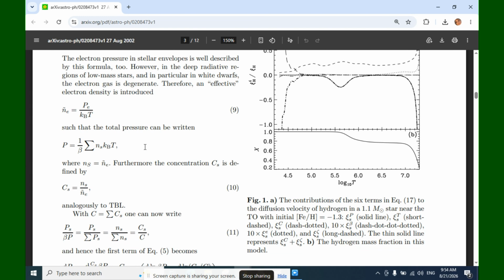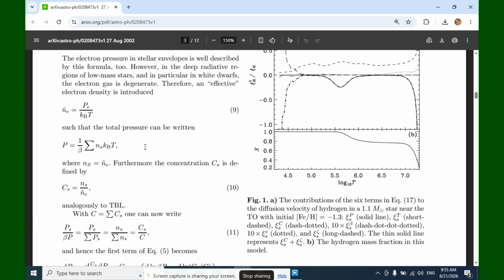Figure 1 illustrates the contributions of the six terms in equation 17 to the diffusion velocity of hydrogen in a 1.1 solar mass star near the turn-off, with initial hydrogen mass fraction.